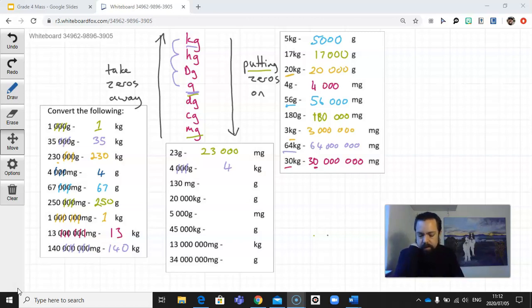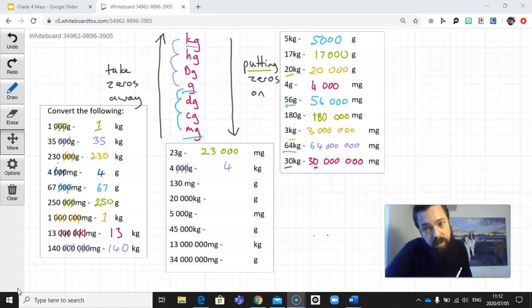Right, again, fairly straightforward. For the third one, we're going from milligrams to grams. Oopsie, still on eraser. Milligrams to grams, it's going up. 1, 2, 3, we take away. Oh, that's a tough one. What are we going to do?